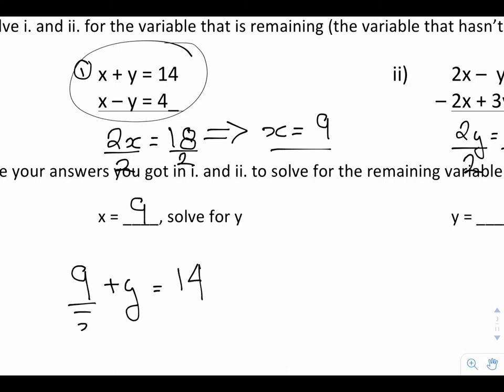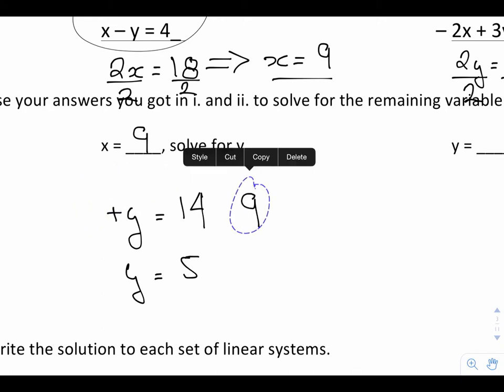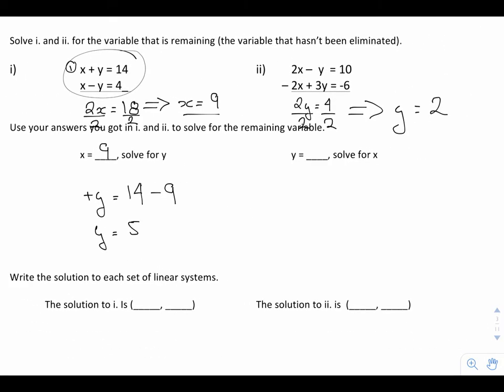Again, this was my x value, but I replaced it with 9. So I'm now going to solve for y, and I end up with y equaling positive 5, because 14 minus 9, the 9 comes over to the other side and is subtracted, leaves us with 5.